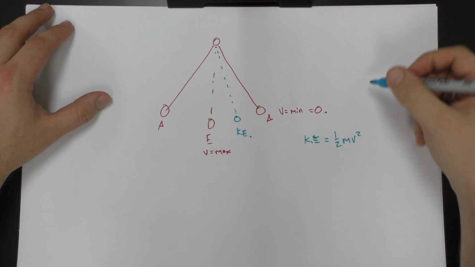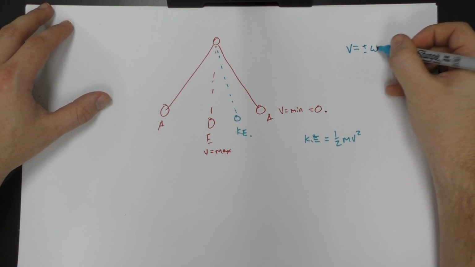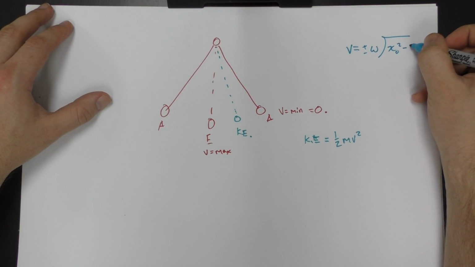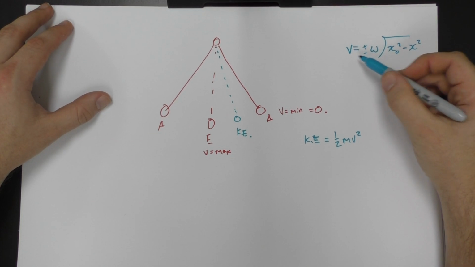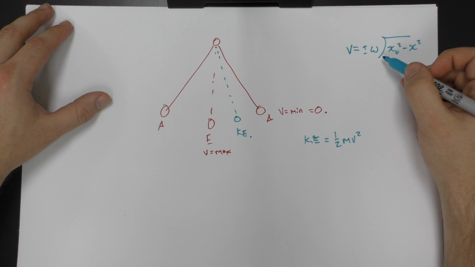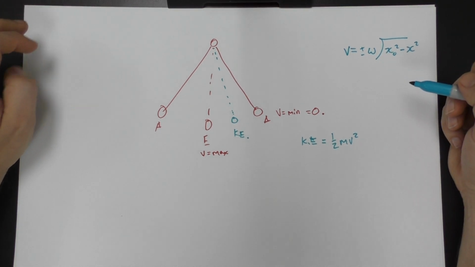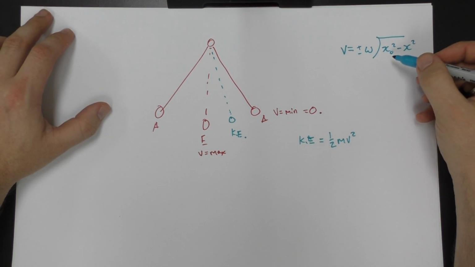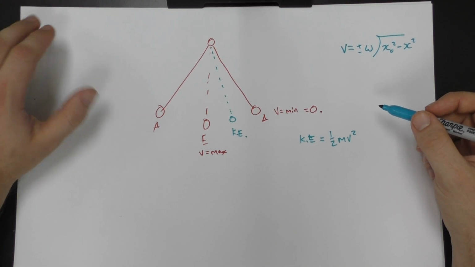At this point, you'll remember that there's an equation that v is equal to plus or minus omega square root of x naught squared minus x squared, where v is the velocity at this displacement with this amplitude. Remember, x naught is amplitude, and omega, this is a little w here, is the angular velocity. So we can sub this into here to get a nice equation for this value.